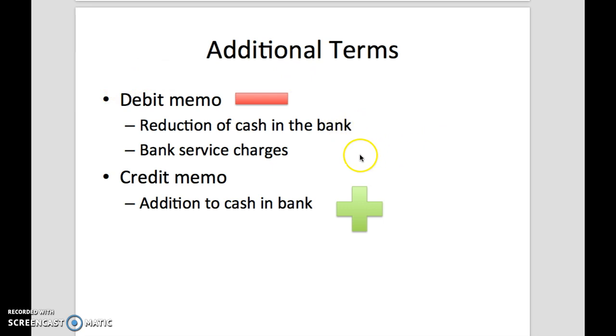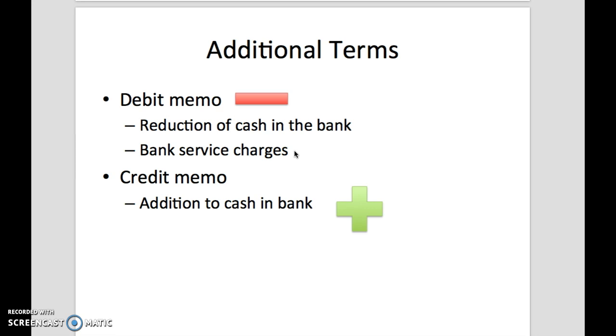One example of that is bank service charges. So when you look at your bank statement, let's say you have 3,000 pesos in your deposit account, but you realize that there's actually a 1,000 pesos bank service charge that was deducted from your cash amounting to 3,000.